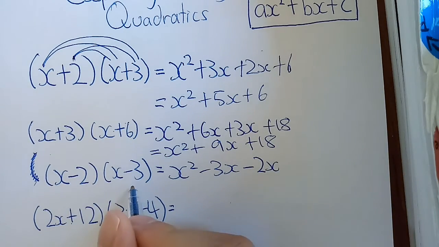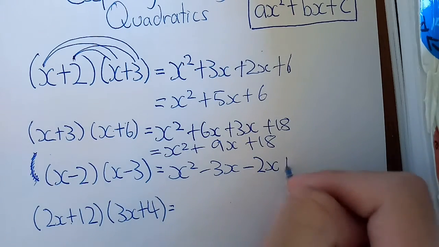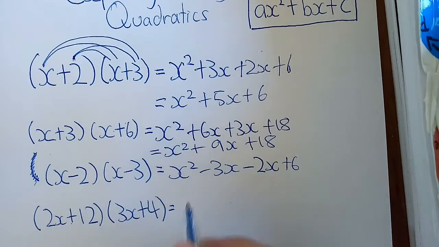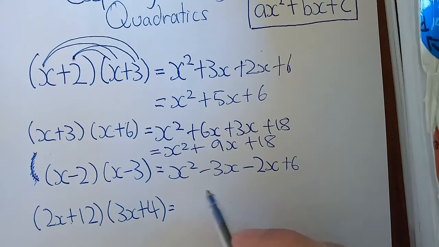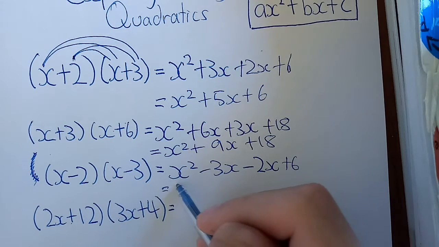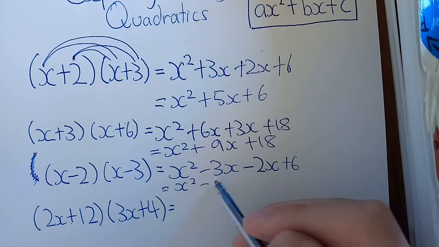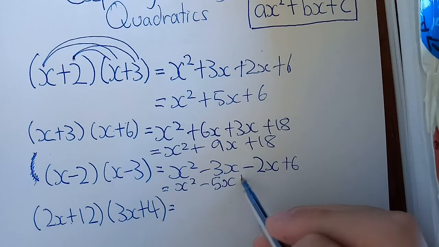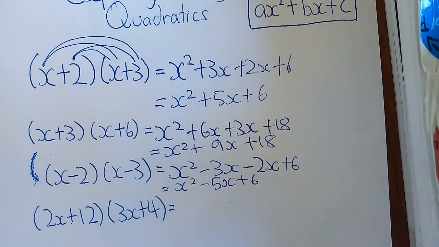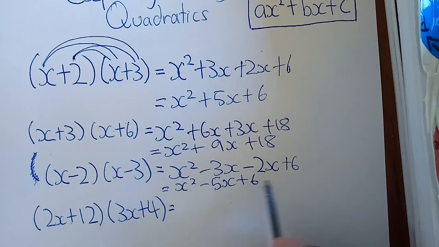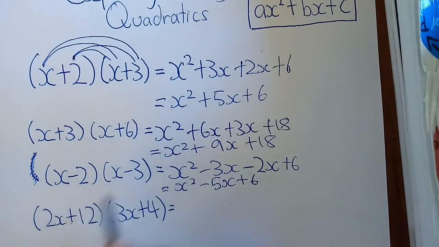Negative 2 multiplied by negative 3 is 6, because a negative multiplied by negative will equal a positive. And yet again, we have two common terms that we can simplify. So this expanded form will equal x squared minus 5x plus 6. And now this is the expanded quadratic form for this equation.